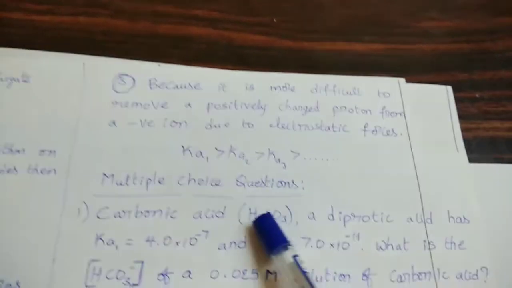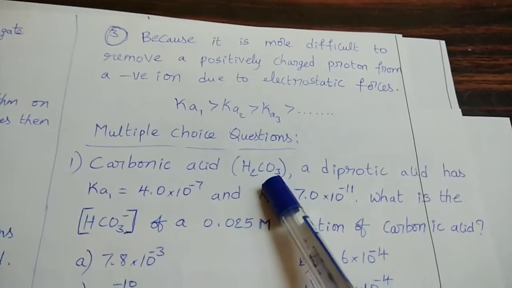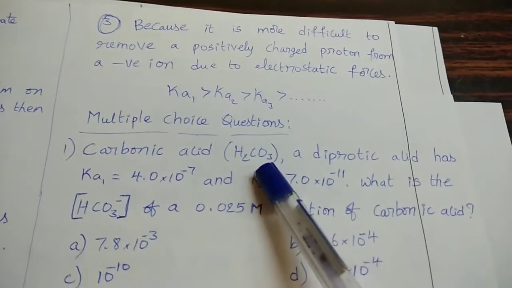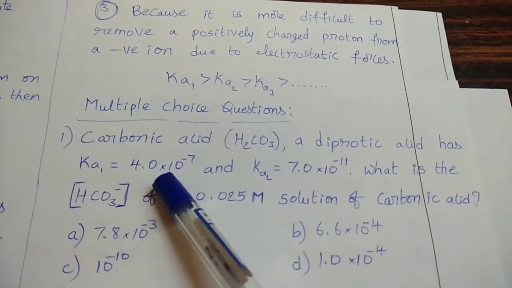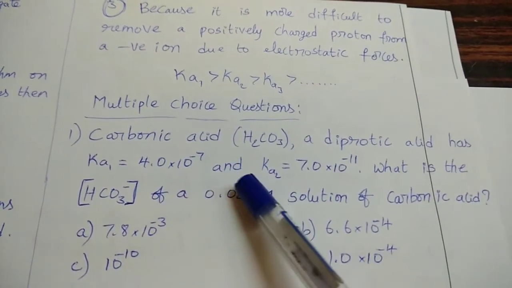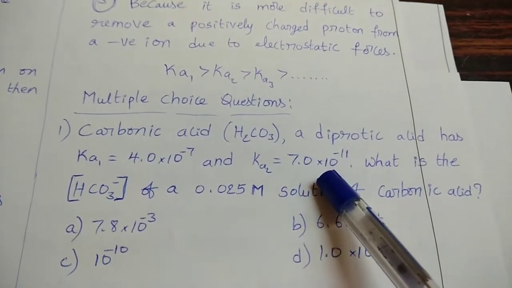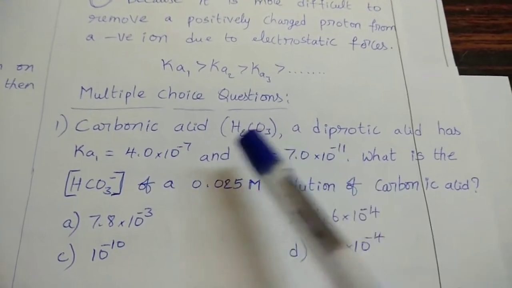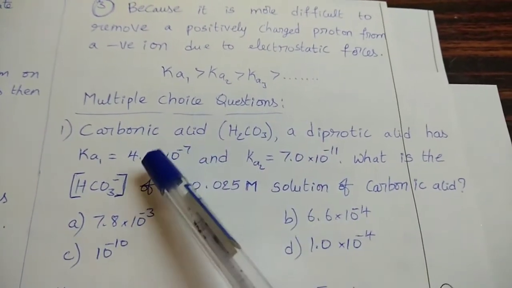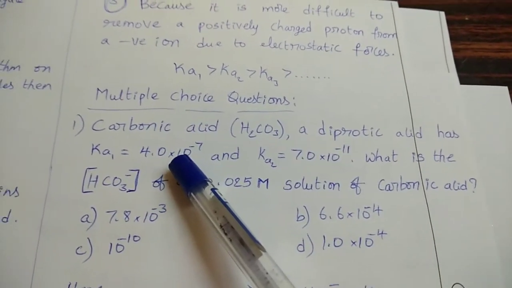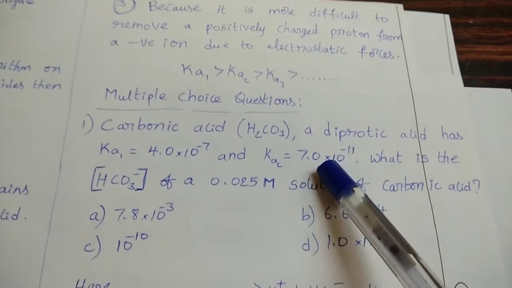Carbonic acid H2CO3, a diprotic acid, that means it can produce 2 H plus ions, has Ka1 4.0 into 10 power minus 7 and Ka2 7.0 into 10 power minus 11. See these values. This one is bigger than this one. That means in the first step, ionization takes place to a greater extent than in the second step.